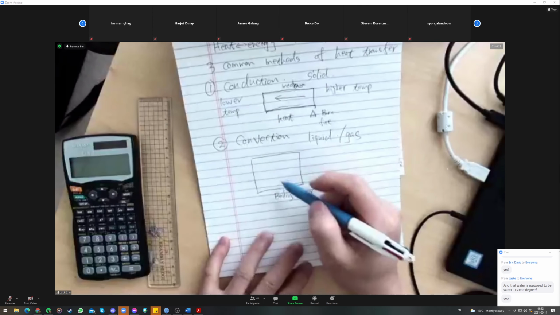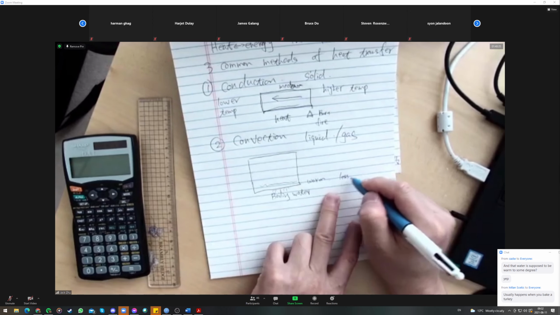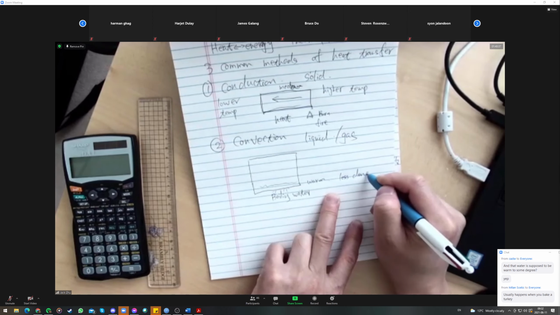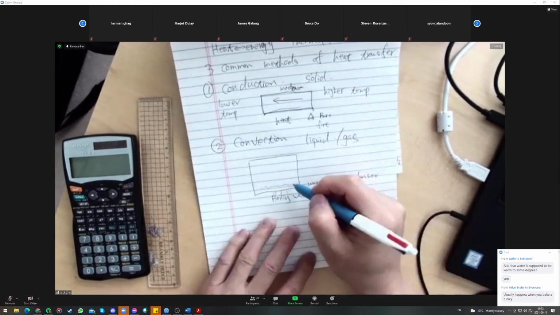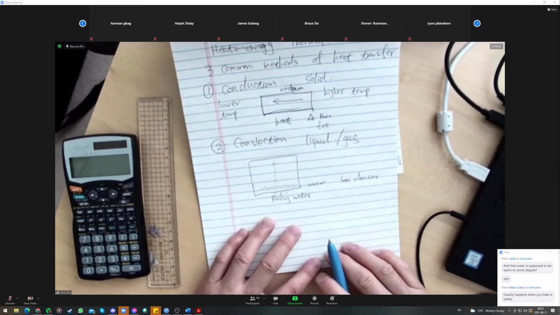When you put the heat energy at the bottom of the water, it becomes warm. When it becomes warm, it becomes less dense, so it will try to rise to the top.